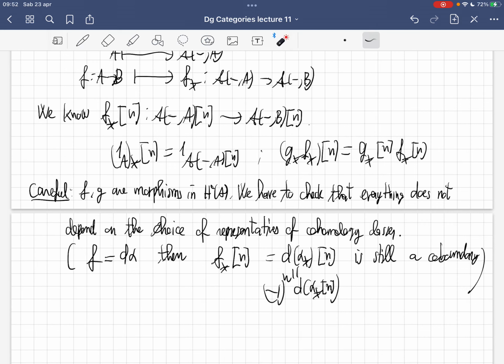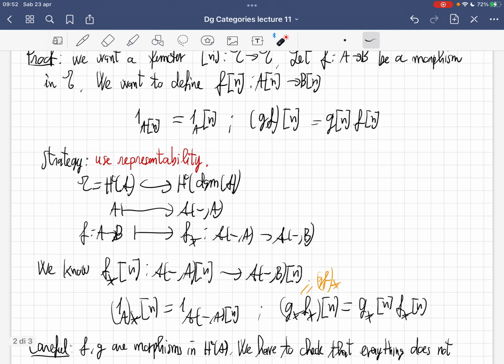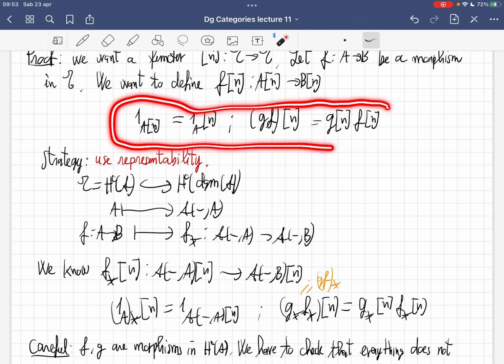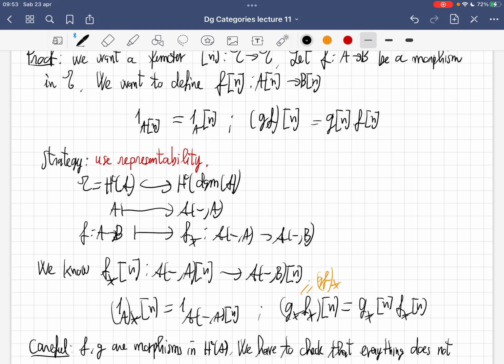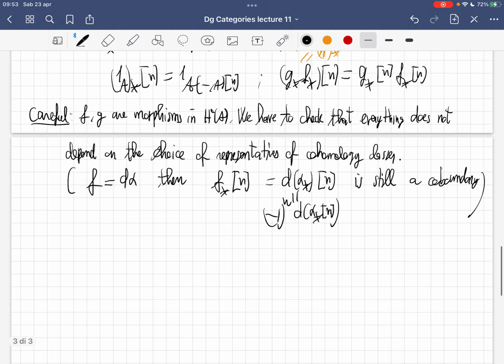And in the end, these relations will still work at the level of cohomology classes, and then using the fully faithfulness of the Yoneda embedding, you see that indeed, for example, this is equal to GF star. So by going back using the Yoneda embedding, you'll get these relations. So we are there. We just have to check.